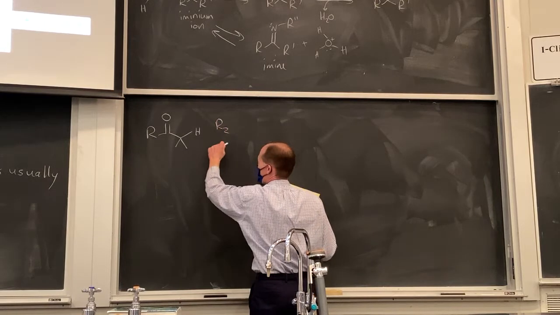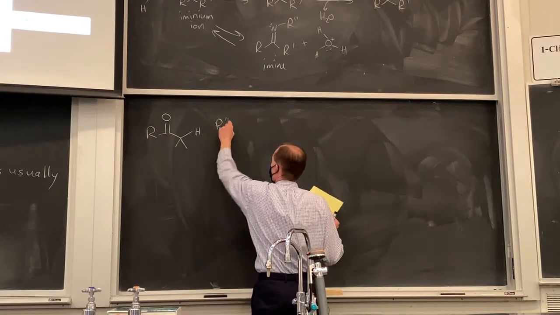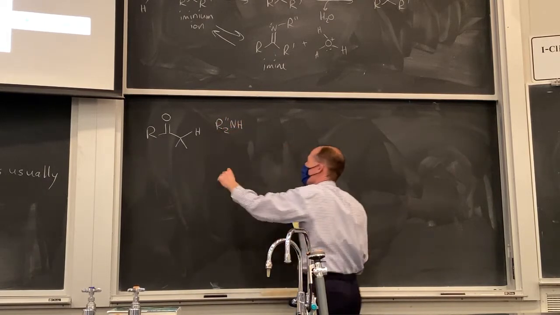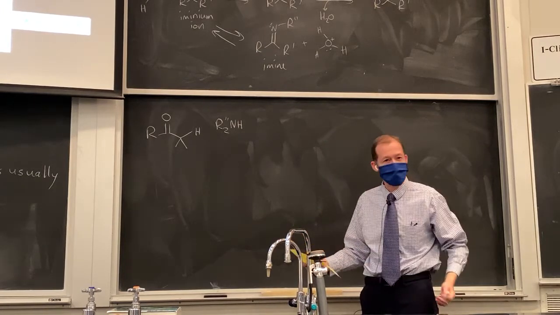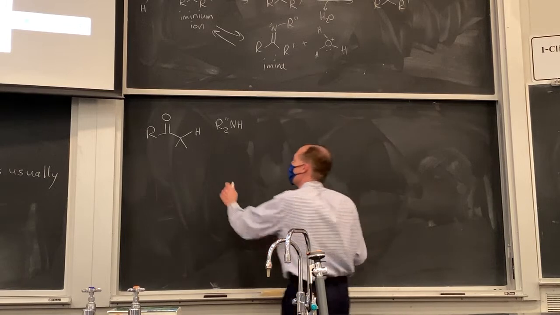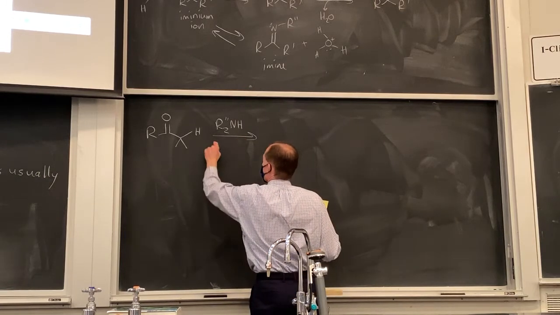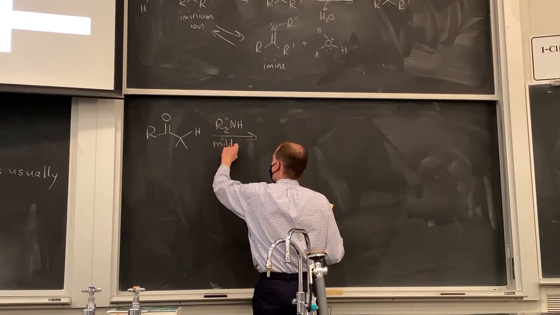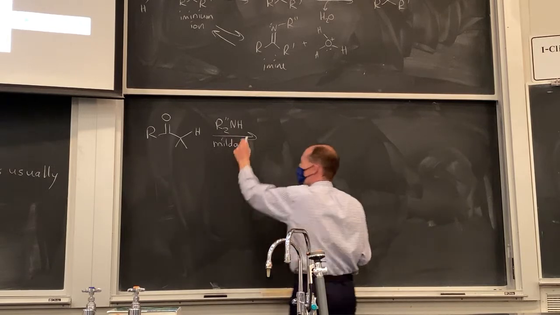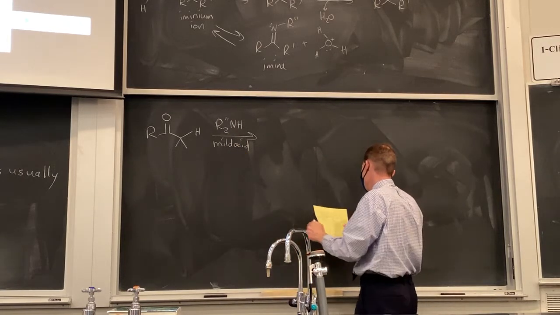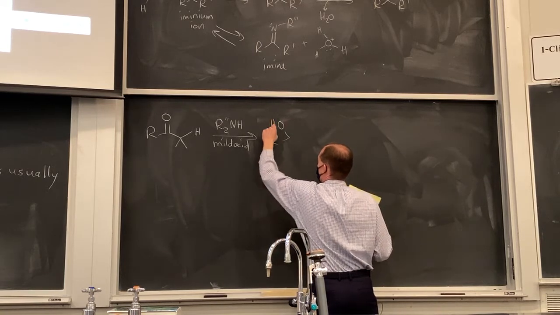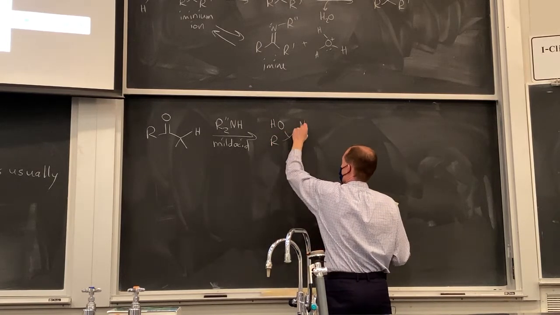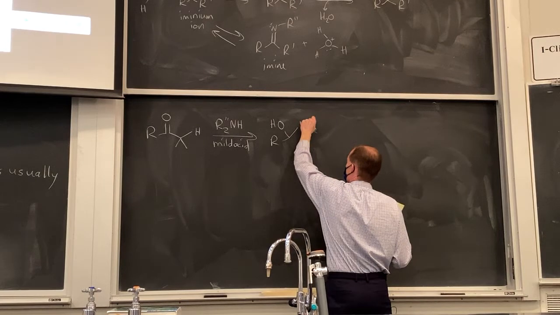So a secondary amine has two alkyl groups attached to the nitrogen. They can be the same or different. For simplicity, I'm going to draw them as the same alkyl group. So if we use our mild acid and we have a secondary amine reacting with an aldehyde or ketone, our first intermediate is going to be the same.